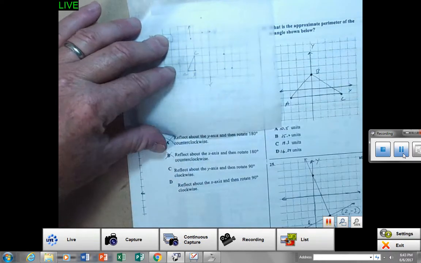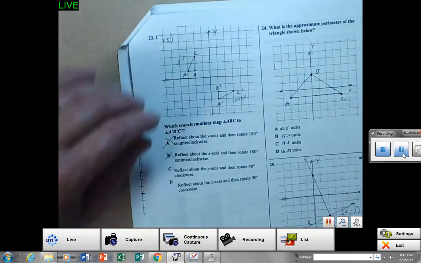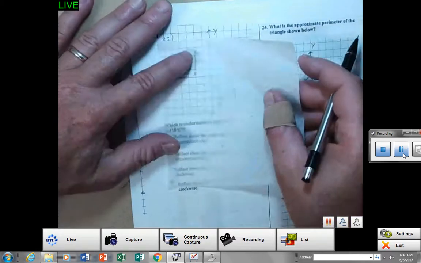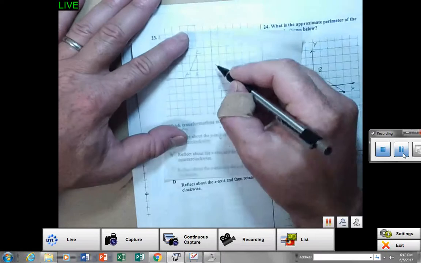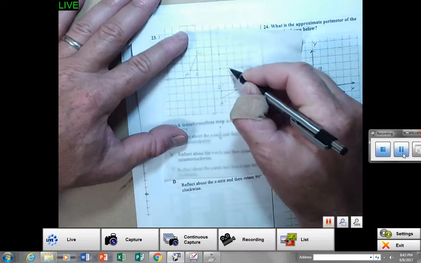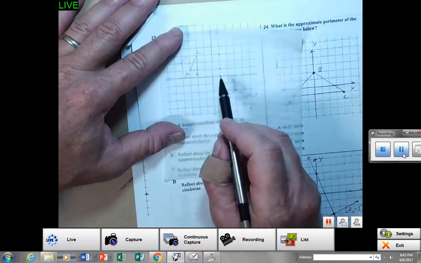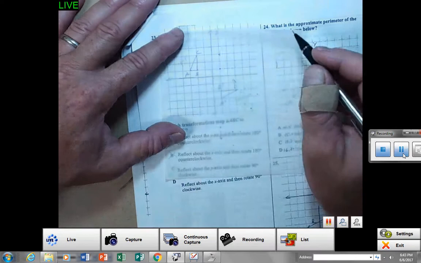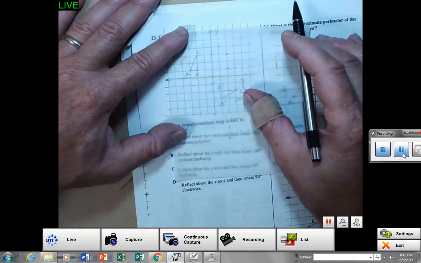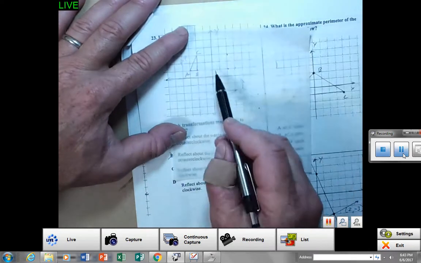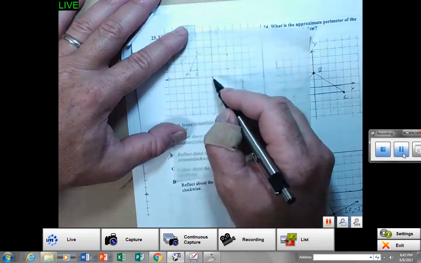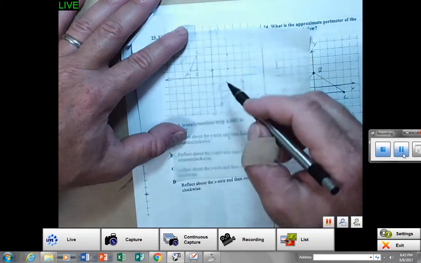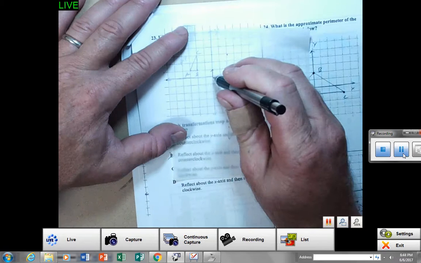All right, next one. Reflect across the y-axis and rotate 90 degrees clockwise. So take that triangle, reflect across the y-axis, straight across, equal size. Looks like I need to move that over to be a true reflection. There we go. So equal distance across that line of reflection. And now I'm going to rotate that 90 degrees clockwise.